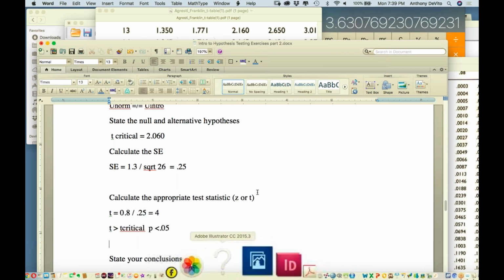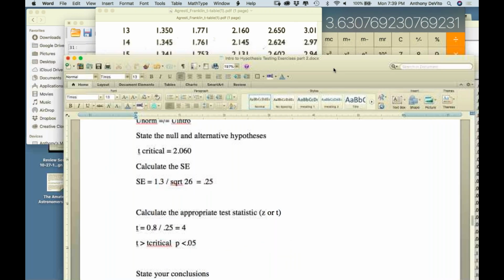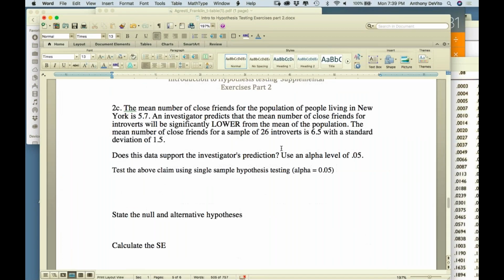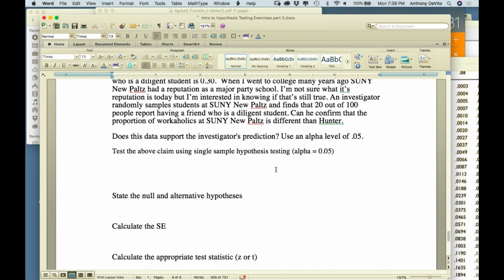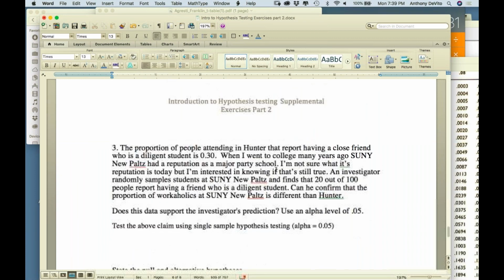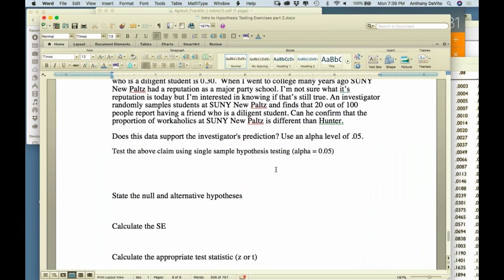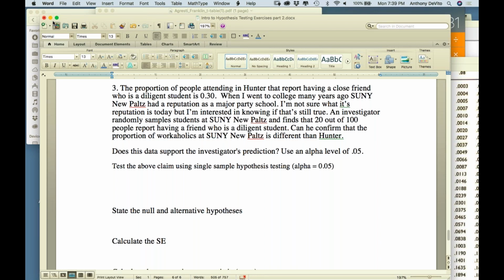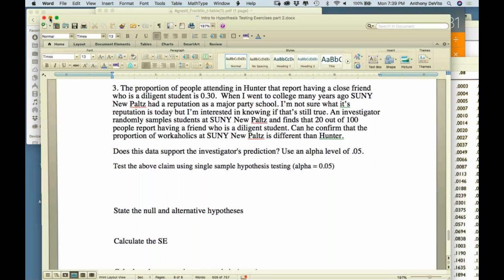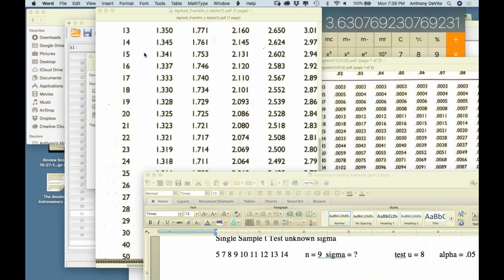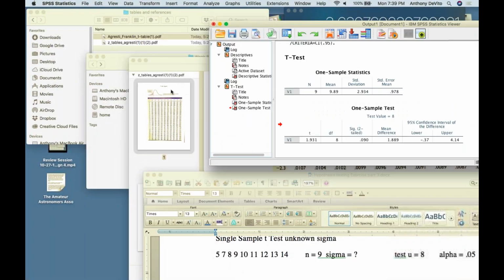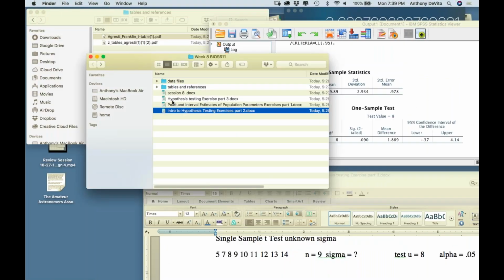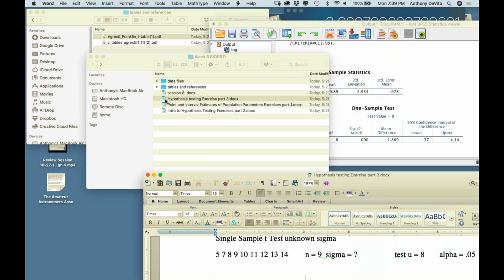Okay. Let me see if I can't come up with another. Let me give you a different example. So we got a single sample t-test in this.